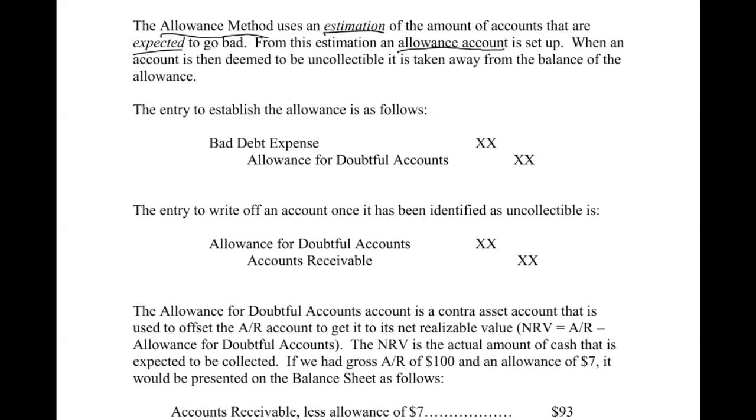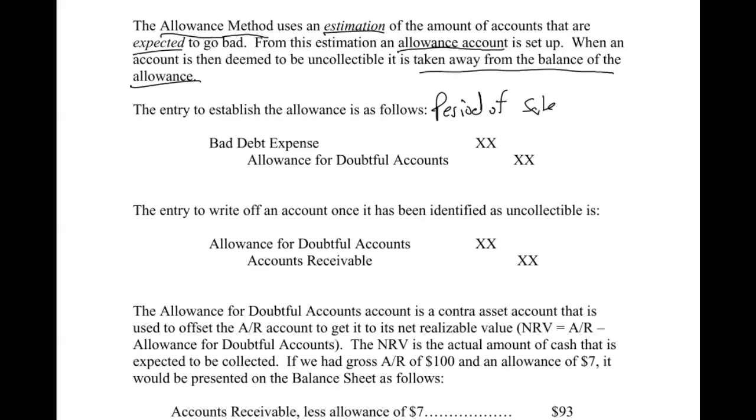Then when we deem an account to be uncollectible, it will be taken away from the balance of the allowance. What this allows us to do is establish the allowance. So this is the period of sale. Notice up at the top of the page, it was not the period of sale.